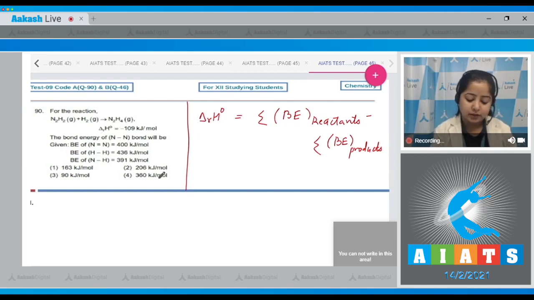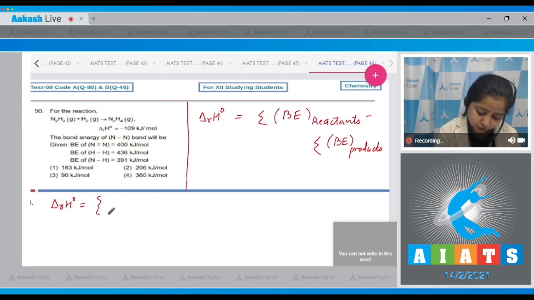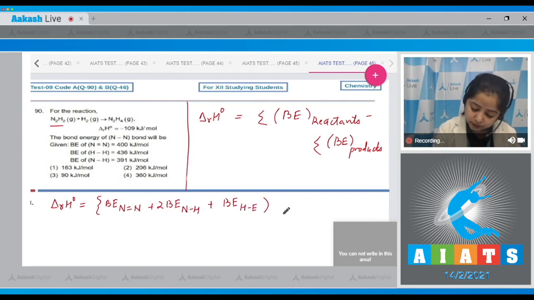So let's start. The reaction given is N2H2 plus H2 gives N2H4. So first let's write the bond energy of the reactants. ΔrH° is equal to bond energy of N=N plus 2 into bond energy of N-H plus bond energy of H-H minus the bond energy of N-N bond plus 4 into bond energy of N-H bond.